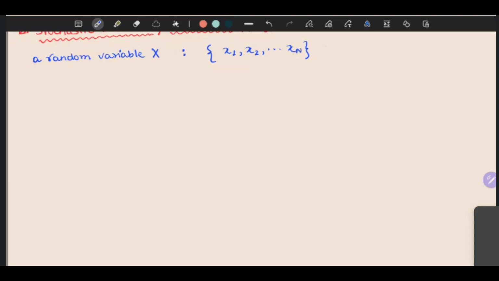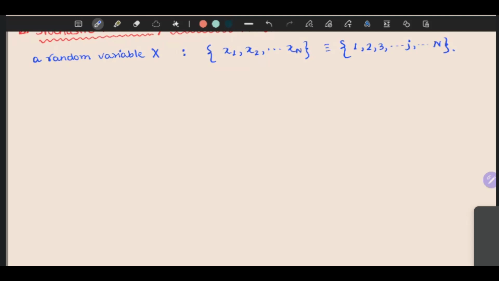You are setting it state by state, 1, 2, 3, j. Let's say there are n states, n values of this random variable. We can also use j1, j2, j3, whatever.